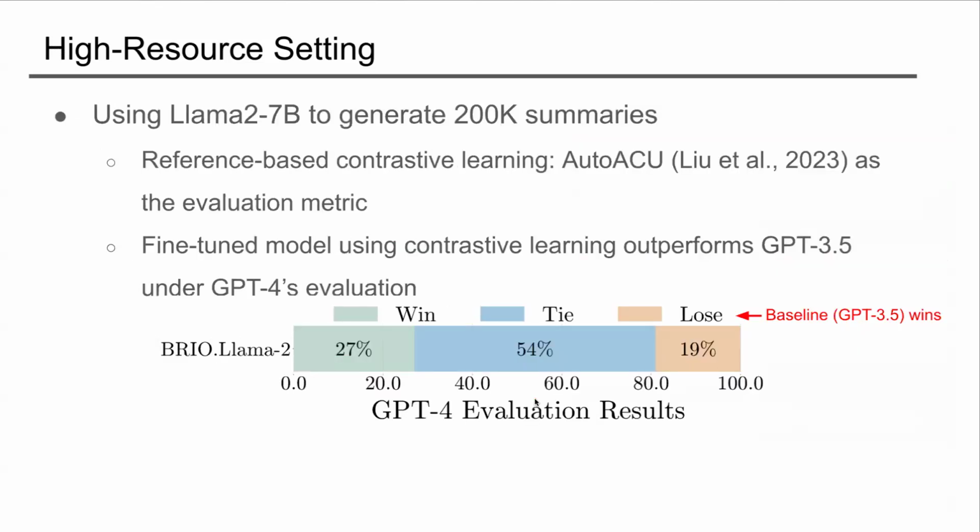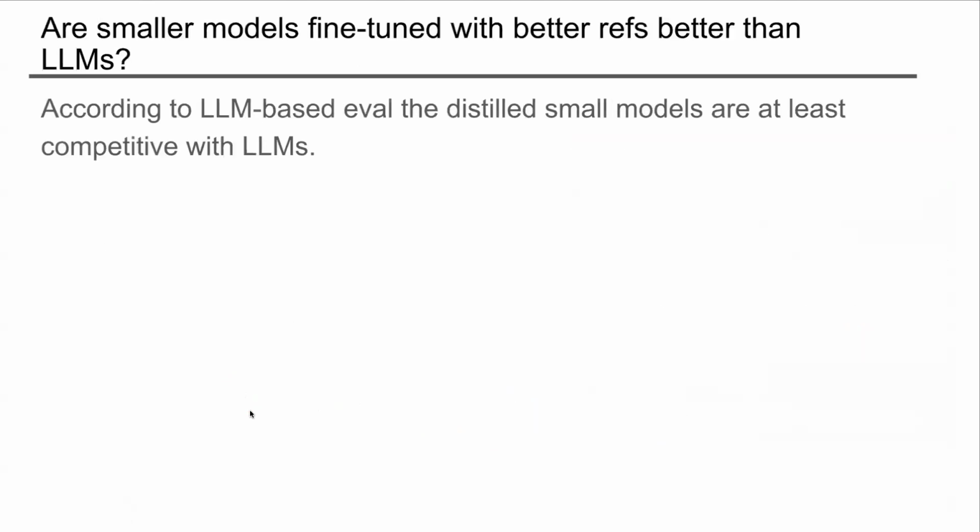So next, using this, we were actually able to further improve the performance, and we were able to outperform GPT 3.5 under GPT-4's evaluation. And this was a very encouraging result that, yes, using a lot of training data, you can actually distill into a smaller model and get high performance.